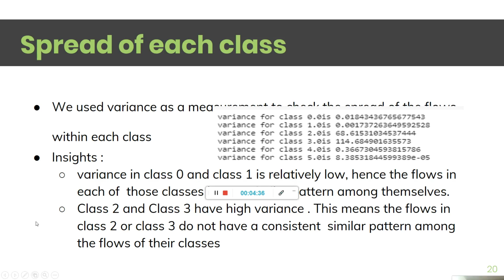Like the flows of class 1 tend to have similar characteristics to each other. This is not the case with the class 2 flows and class 3 flows that have high variance, and this shows that you can have two flows that belong to class 3 but have different characteristics.